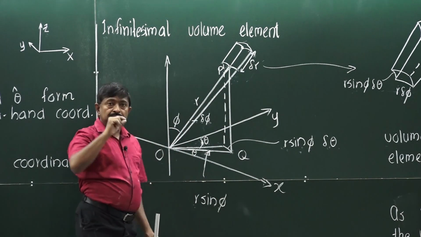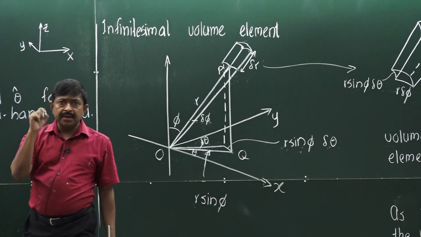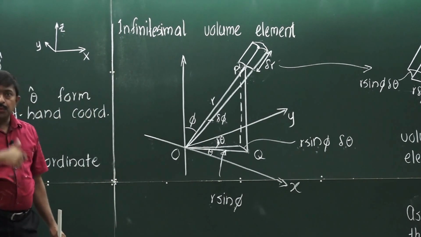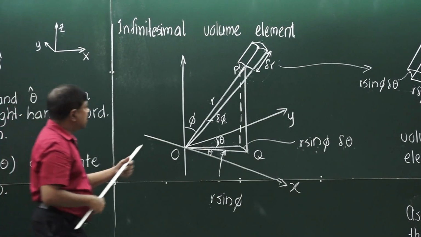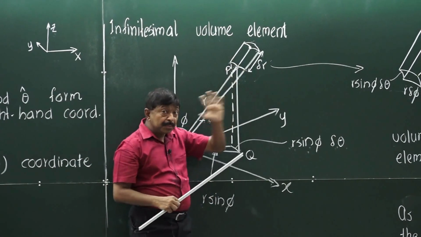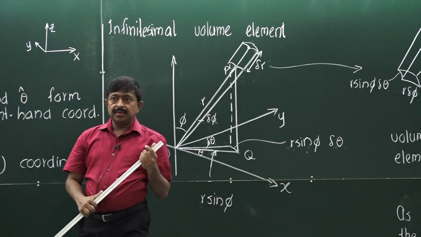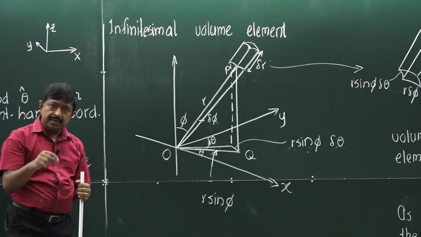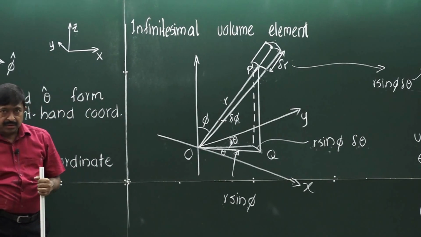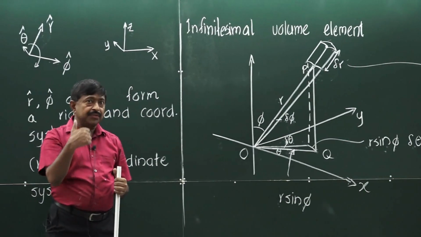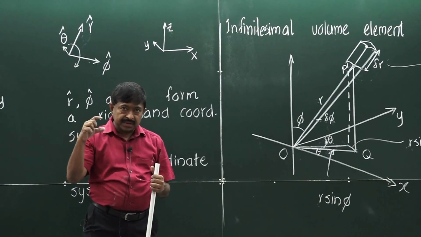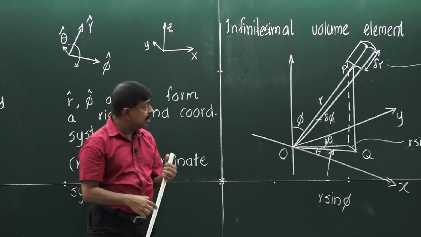Therefore, when delta r, delta theta and delta phi all go to 0, this becomes a cuboid. With this setup, it is not a cuboid because you have certain curved edges, but once delta r, delta theta and delta phi go to 0, you do not have that. You have a perfect cuboid kind of thing.